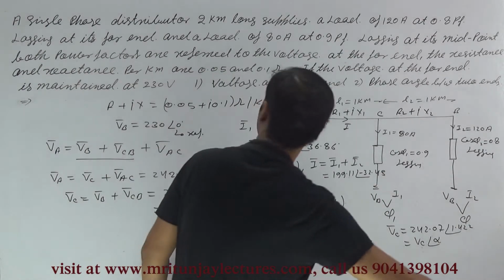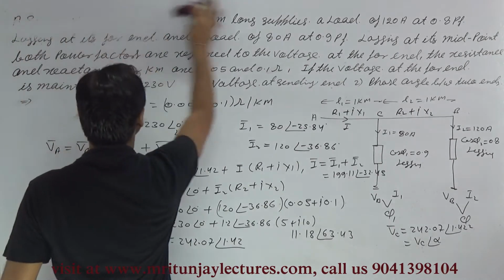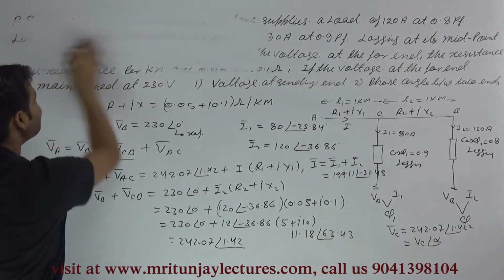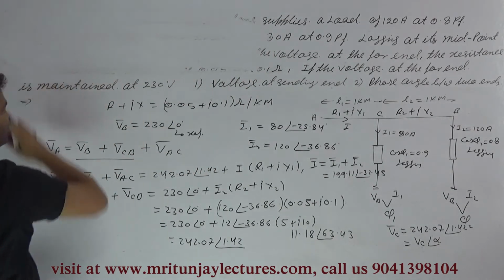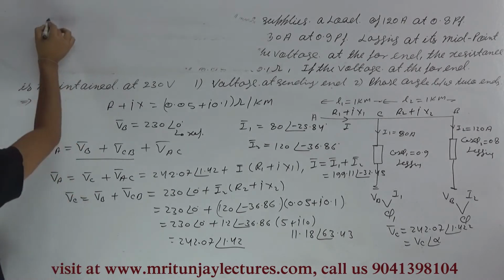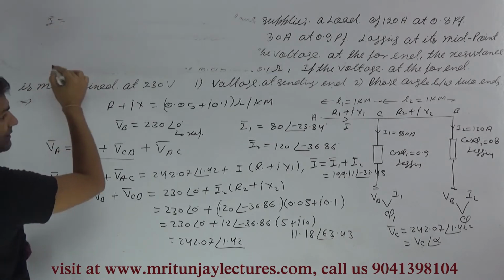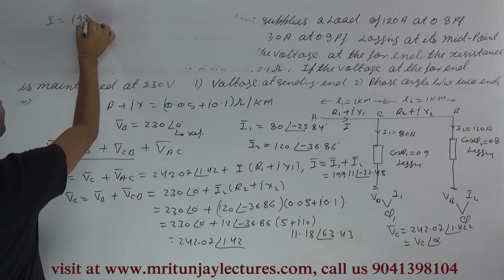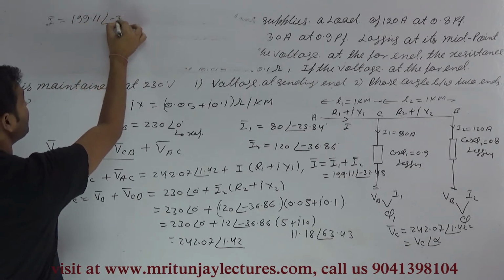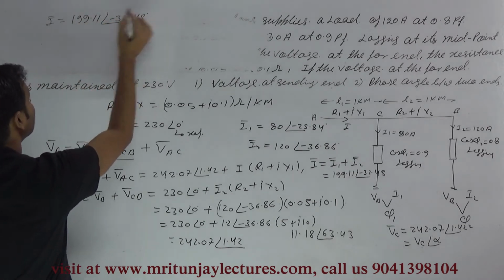If you want to write it here, I is 199.11 at the angle minus 32.45.